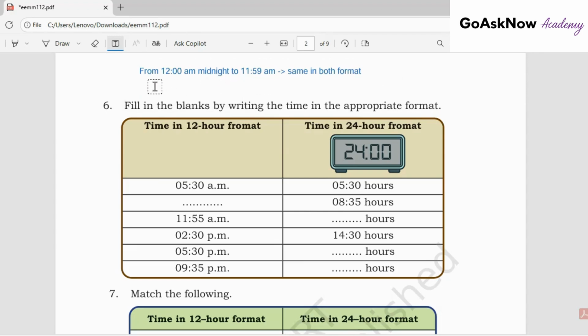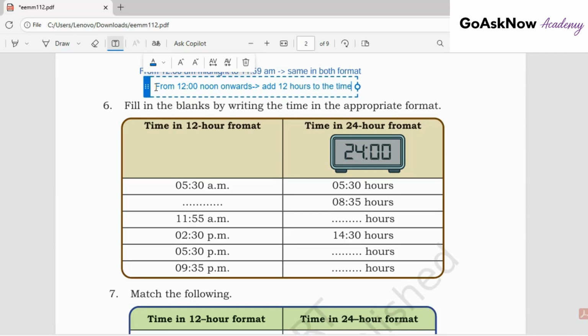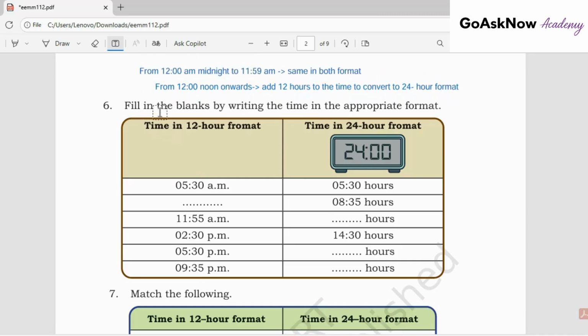Next one, from 12 noon onwards, what happens? Add 12 hours to the time to convert to 24-hour format. Okay.